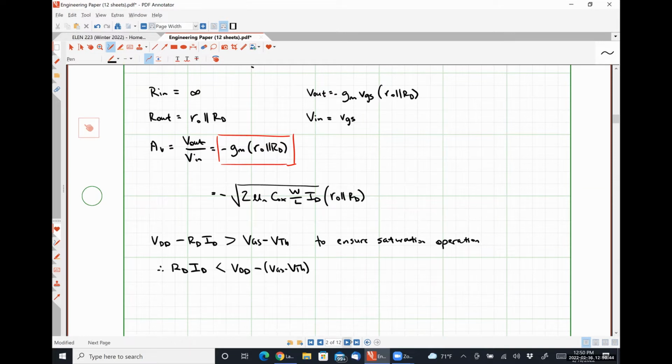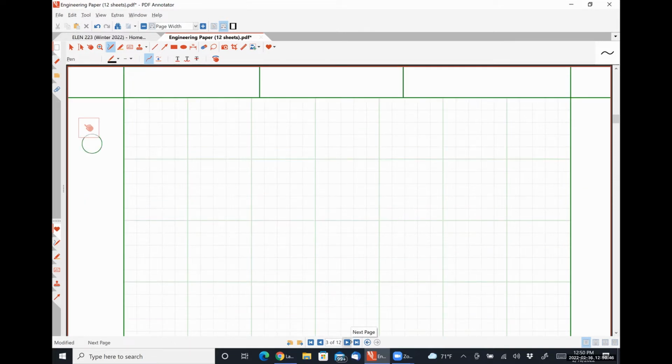The first of which is to bias the amplifier with a current source load instead of an actual resistor. Common source with current source.